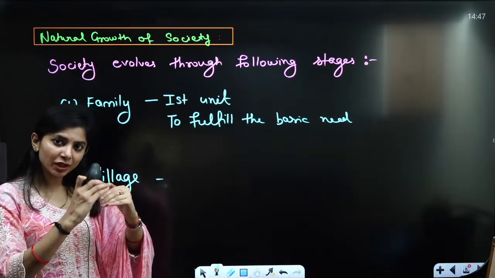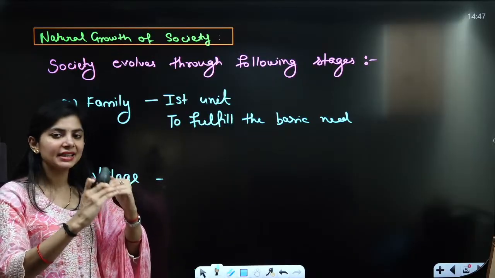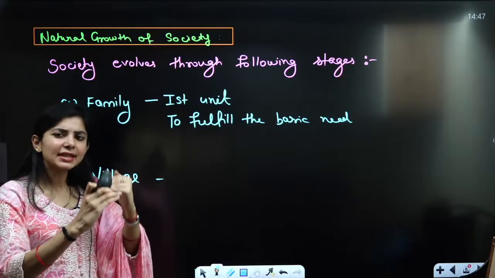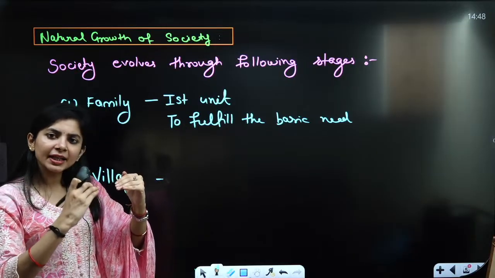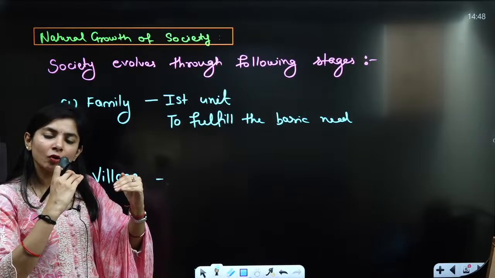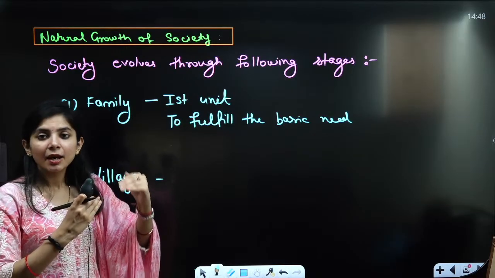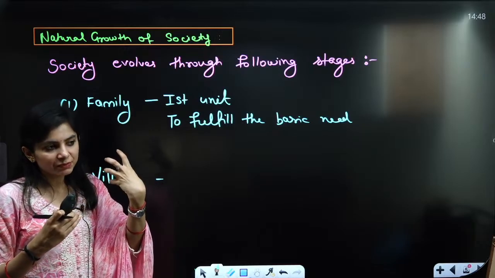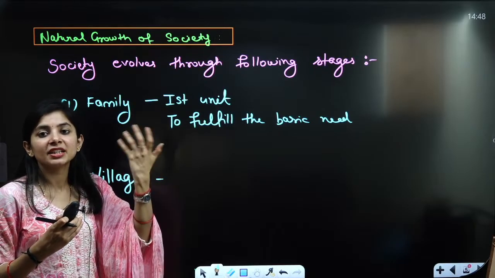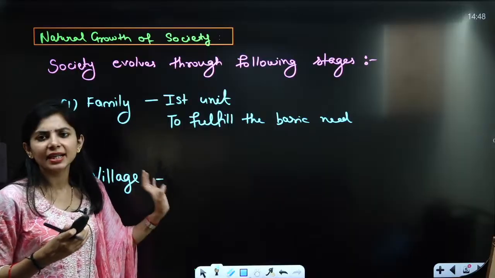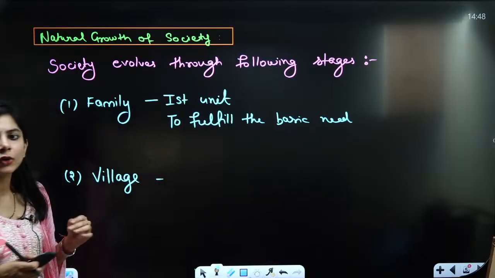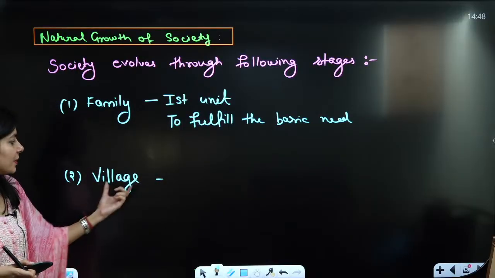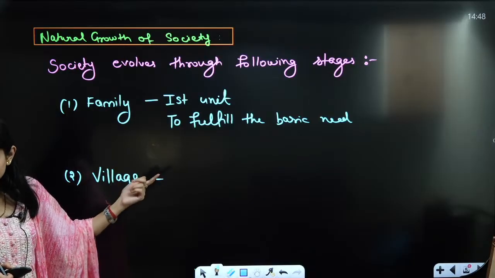So the concept of urban and rural was completely similar. It's just that in the rural area people are surviving over the basic things, but in the urban area people have amenities and facilities. So the village is specified as the second thing.